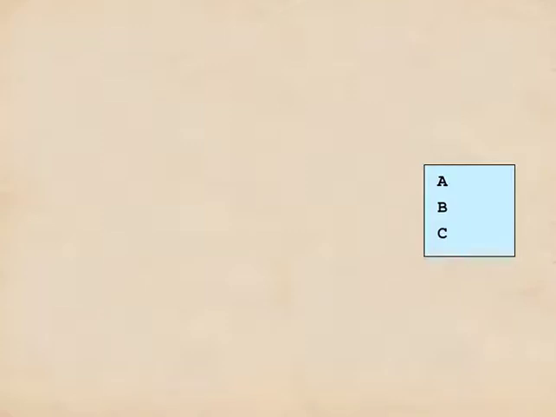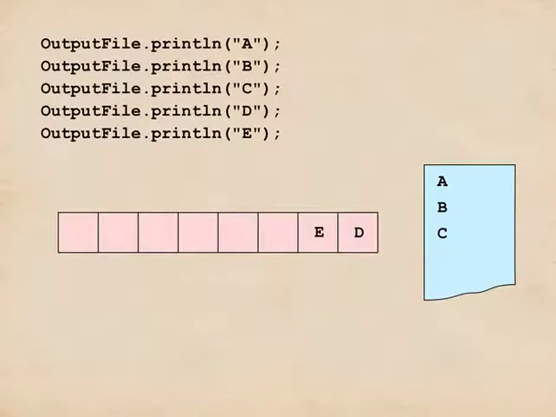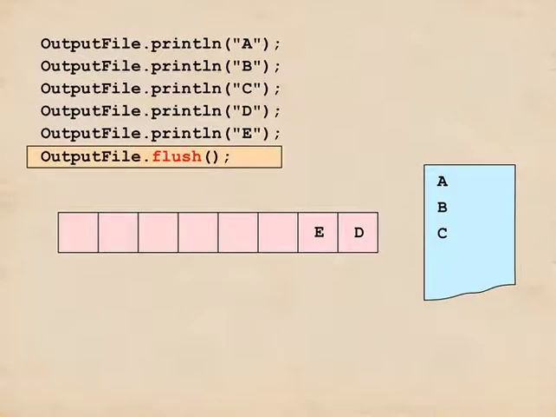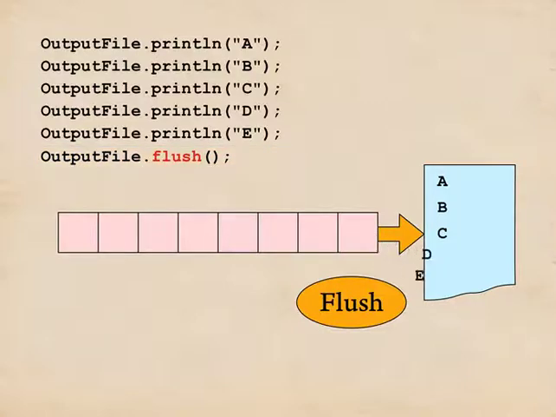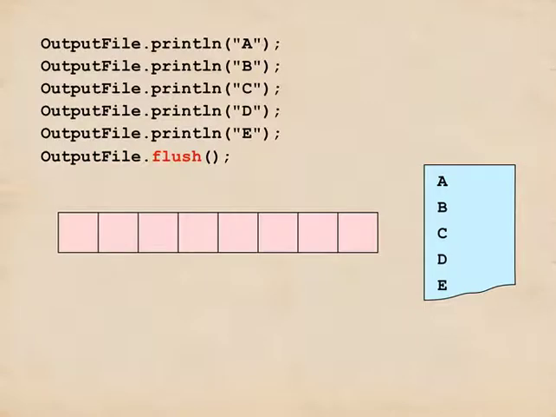So let's roll backward in time. We've just written E into the buffer, and now to make sure that everything gets closed up properly, we call flush ourselves. We say to output file, listen, I want you to flush now. And so it says, all right, I'll flush. I'll copy the contents of the queue into the buffer, and I'm done with the flush.